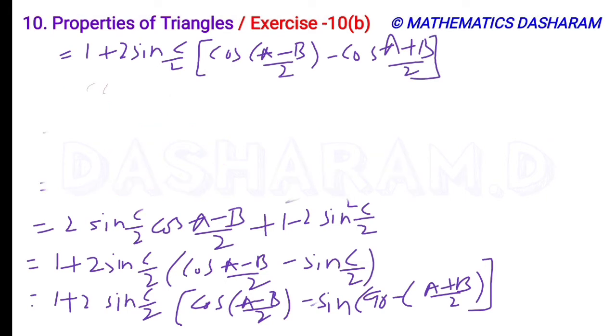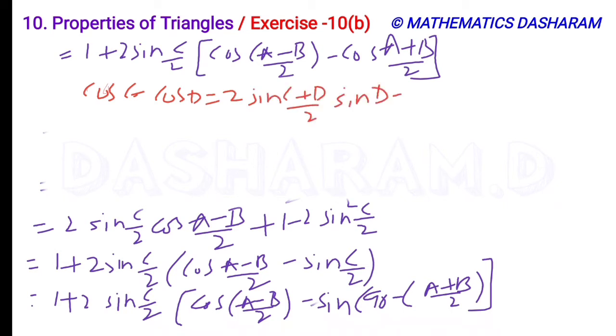So cos C minus cos D formula is 2 sin C plus D by 2 into sin D minus C by 2. So apply this formula: 1 plus 2 sin C by 2 bracket of, so bracket is not required because it is a product.